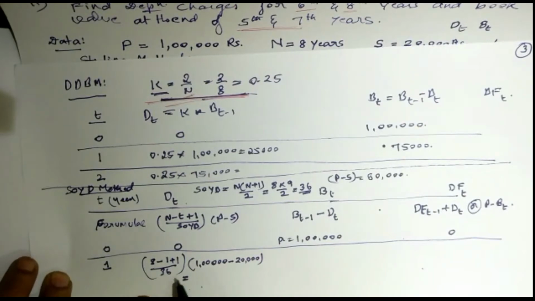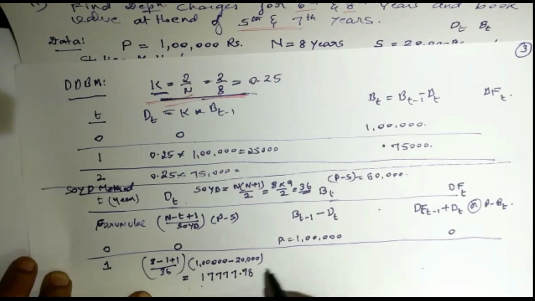So 8 by 36 into 80,000, we get the value equal to 17,777.78.